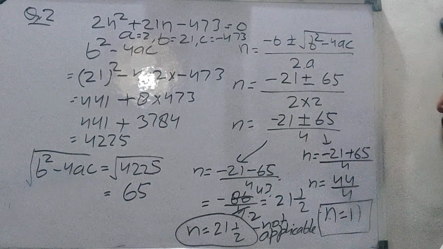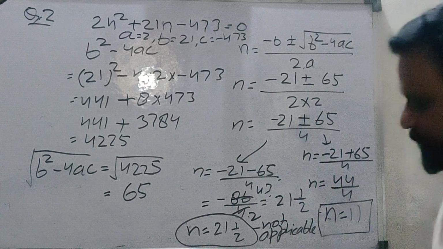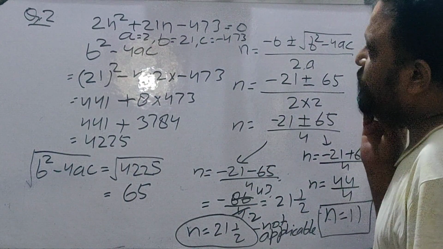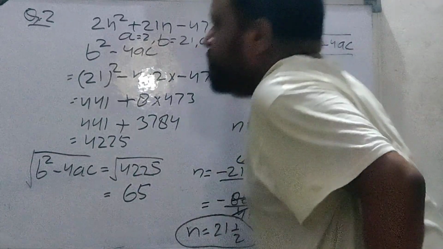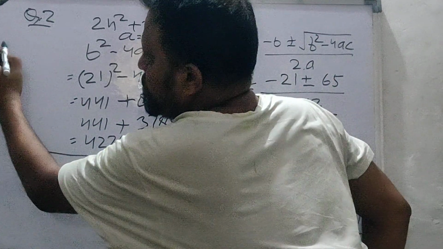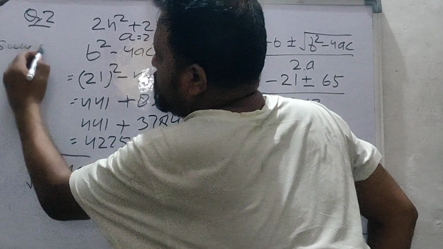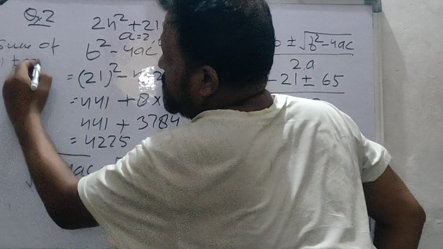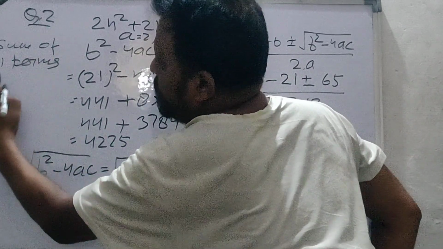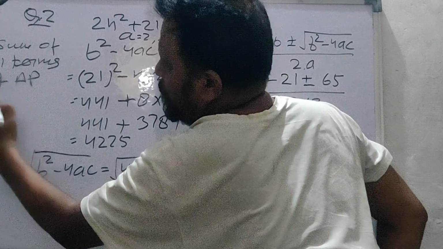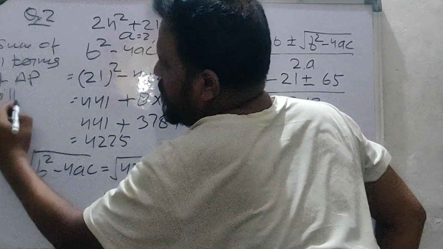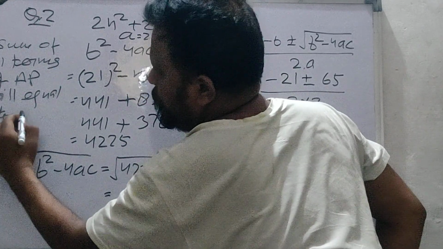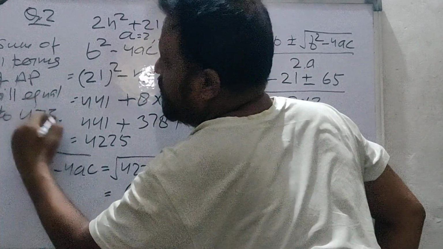So n is equal to 11. It means the sum of 11 terms of the AP will be equal to 473.